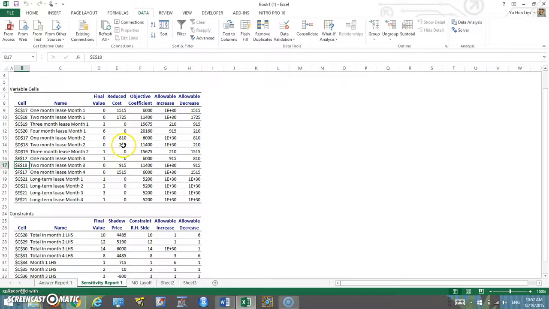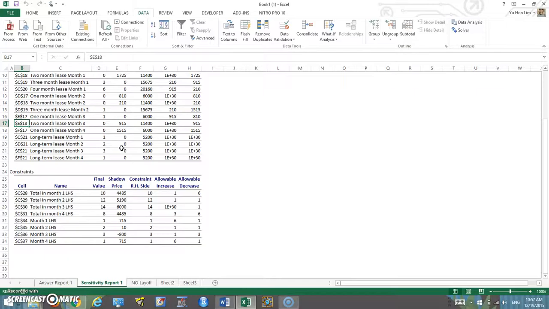Let's write here the shadow price for the constraint. The shadow price tells us how much the optimal solution can be increased or decreased if we change the right hand side value by 1 unit, which means right here.